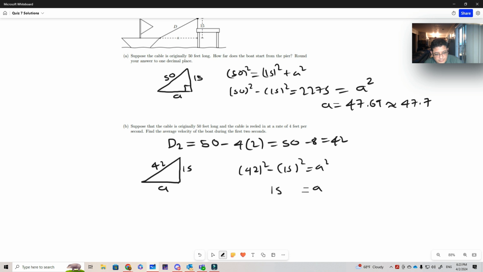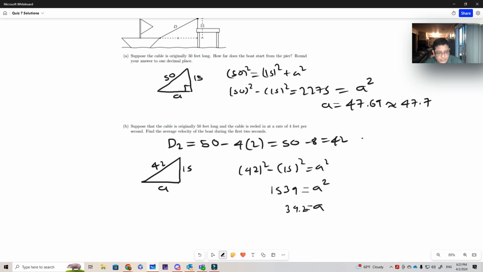So this is 1539, and this is A squared. And so if I take the square root of that, I'm going to find out that A is 39.2.